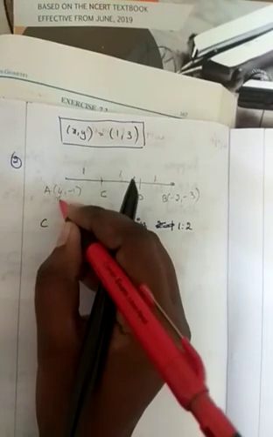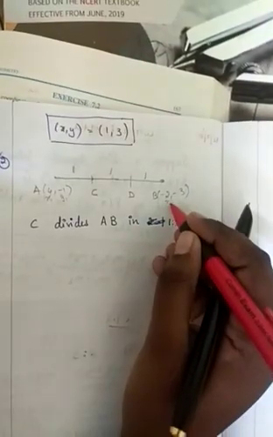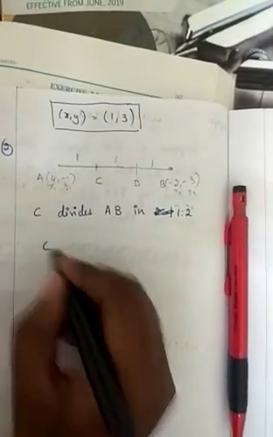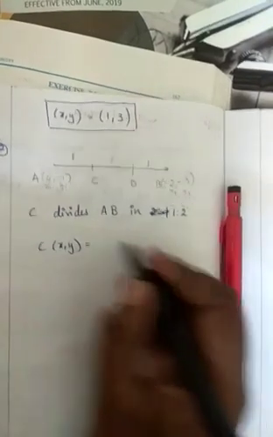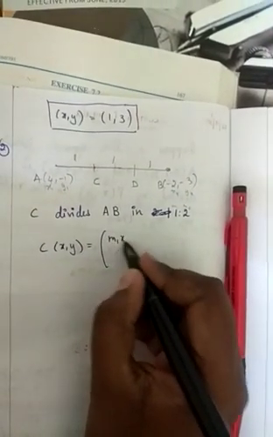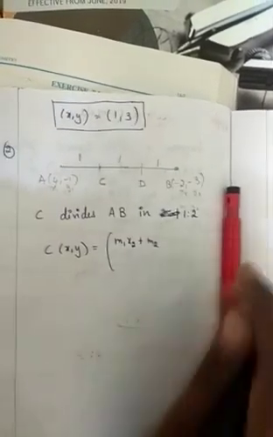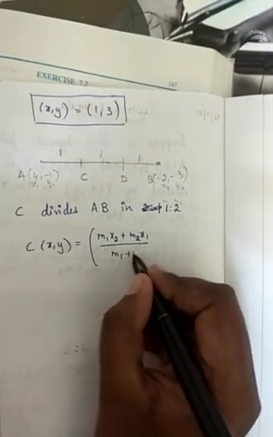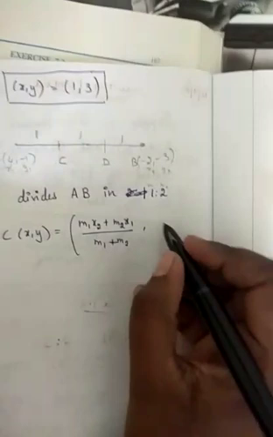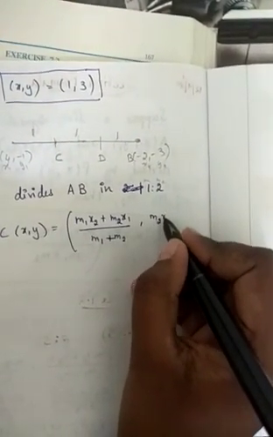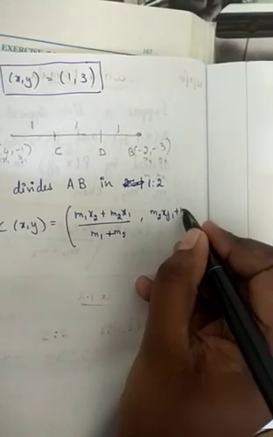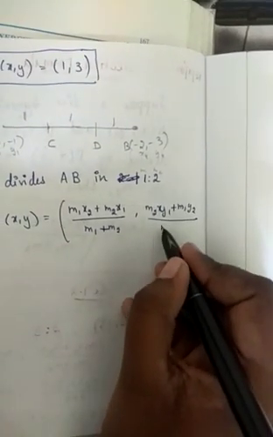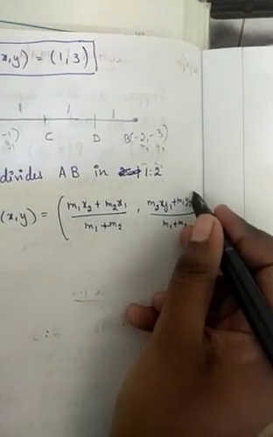Now this is x1, y1, this is x2, y2, and this is m1, m2. So for C, that is (x, y), what is it with the formula? (m1 x2 + m2 x1) divided by (m1 + m2), then (m2 y1 + m1 y2) divided by (m1 + m2). Just remember it will come opposite. That is how you remember the formula.